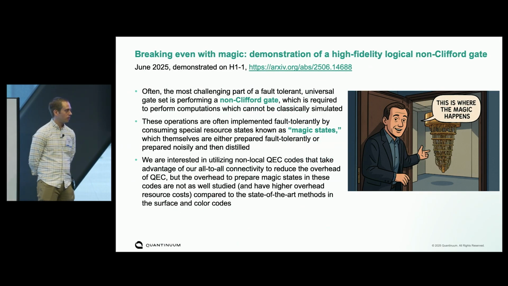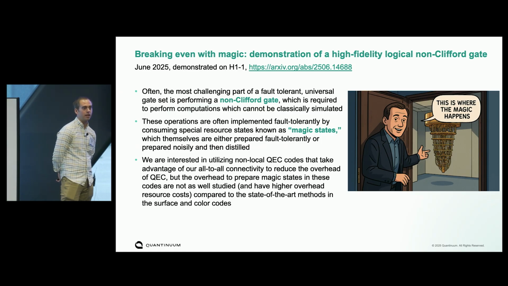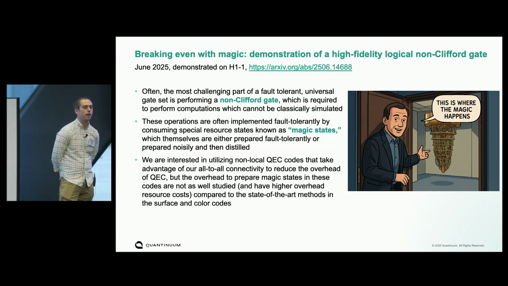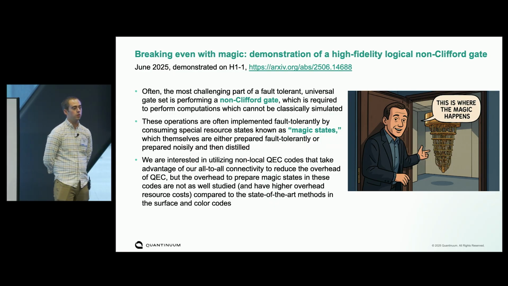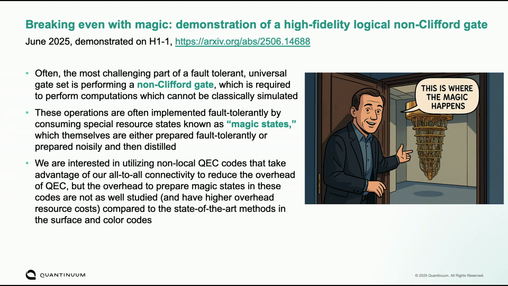And the next thing I want to talk about is magic states. And so oftentimes the most challenging part for a fault-tolerant universal gate set is performing a non-Clifford gate, which is needed to do things that can't be classically simulated. And these are often done in a fault-tolerant way by creating special resource states known as magic states, which you could either fault-tolerantly prepare, or you could prepare in a noisy way and then distill it down to high quality.